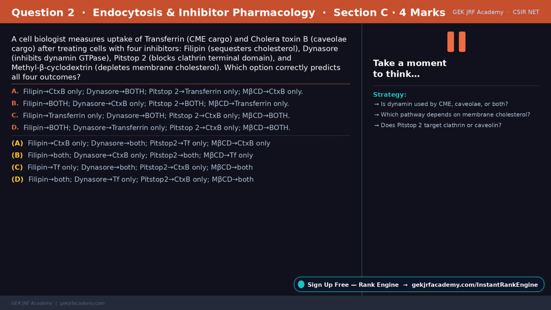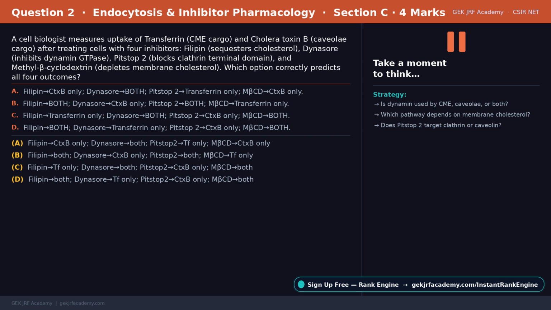Question 2. Section C pattern. 4 marks. Analytical type. A cell biologist measures the uptake of 2 cargoes. Transferrin, which is taken up by clathrin-mediated endocytosis, and cholera toxin B subunit, which enters via caveolae and lipid raft-mediated endocytosis.